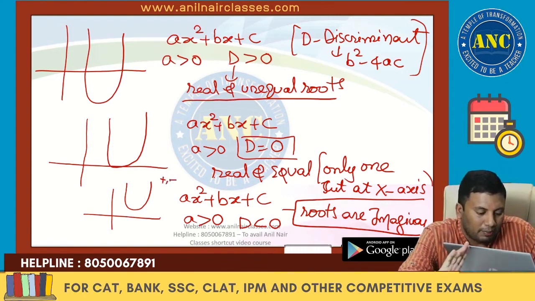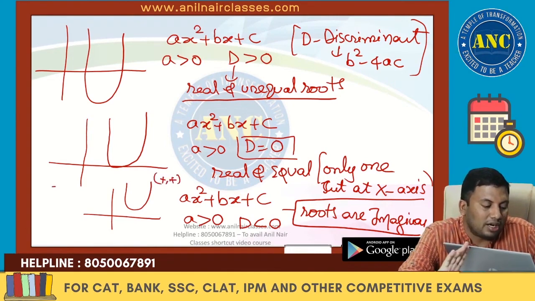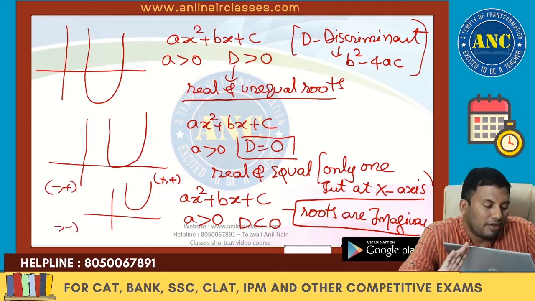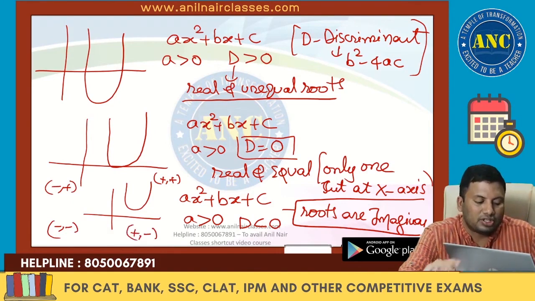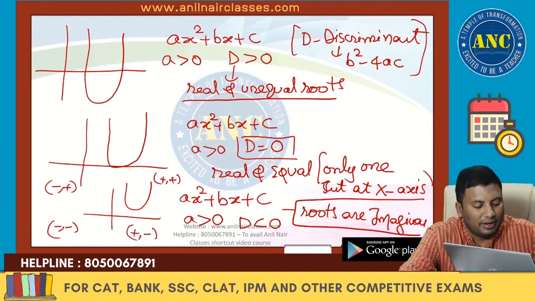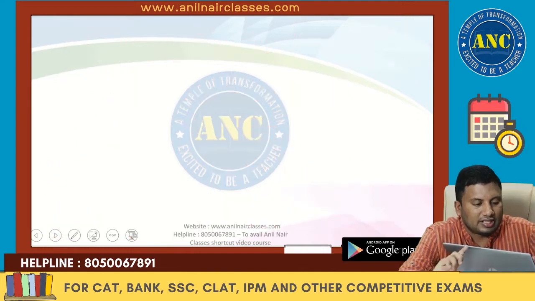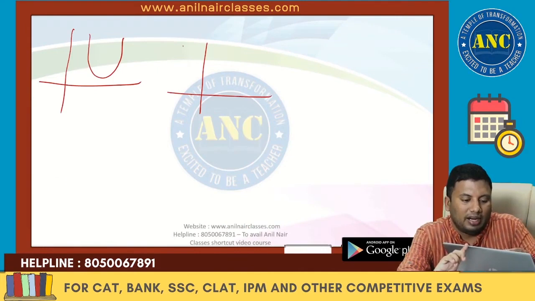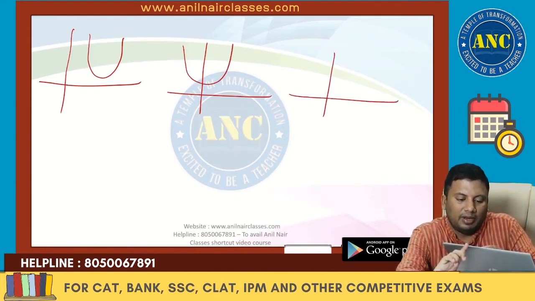So it could be positive, positive, first quadrant; negative, positive, second quadrant; negative, negative, third quadrant; positive, negative, fourth quadrant. So the graph can be like this.